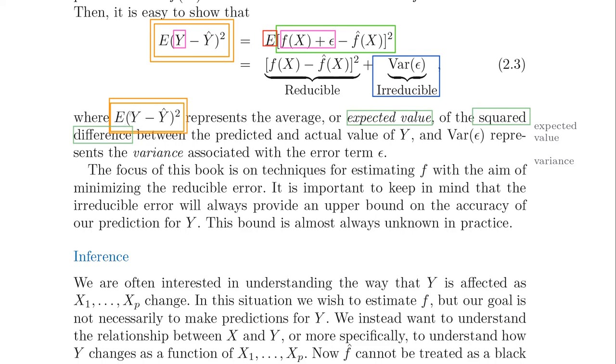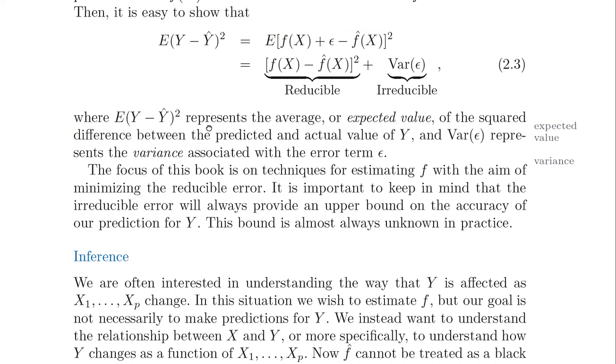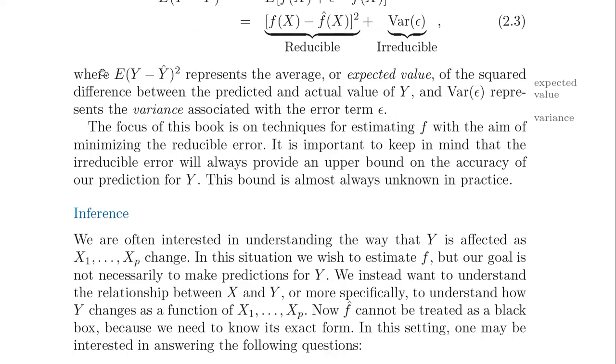If I square, I know that this is positive, or definitely not negative. Let's put it that way. That's really the main reason why in statistics we consider this a very important measurement. Again, E is expectation.